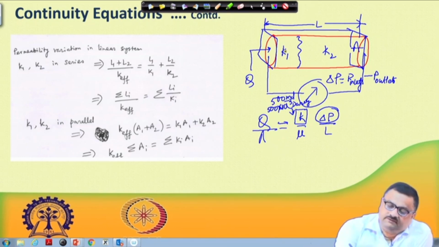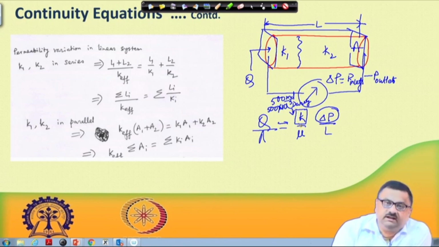Now, if you have a situation where you have K1 and K2, should you be writing K as K1 plus K2, or what would be the right way of expressing K in terms of K1 and K2? So, we can think of this situation.